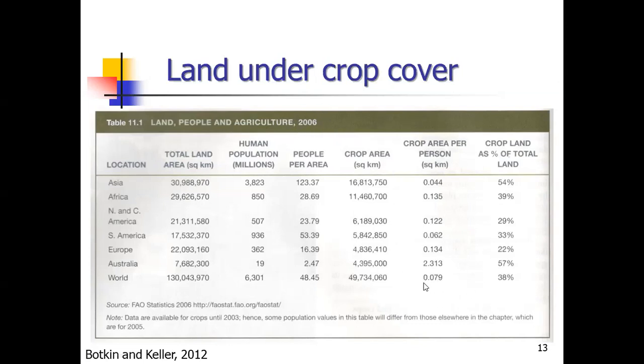So at that time, we had 0.079 square kilometers per person for crop area, and that's about 38% of the entire land area. And just remember that because of population growth, the amount of land area available for cropping is reduced.